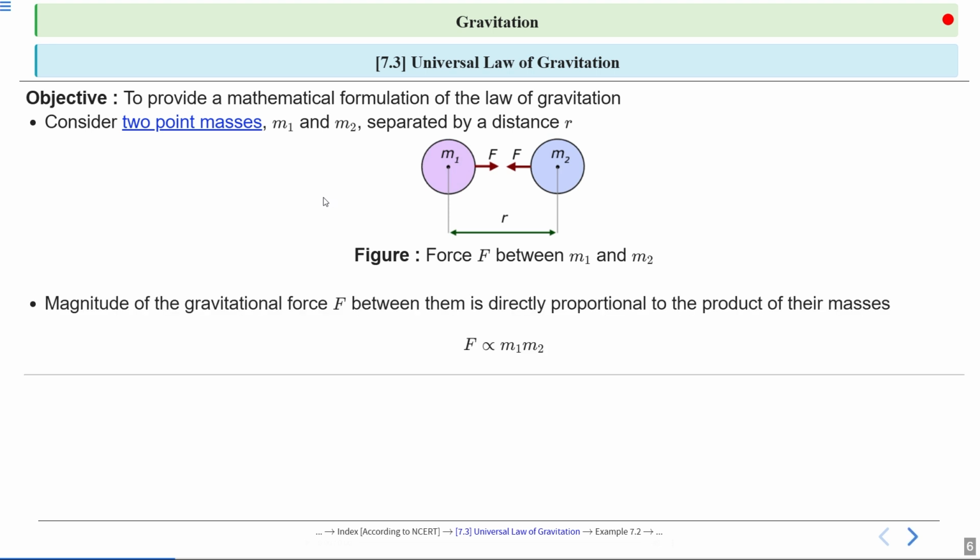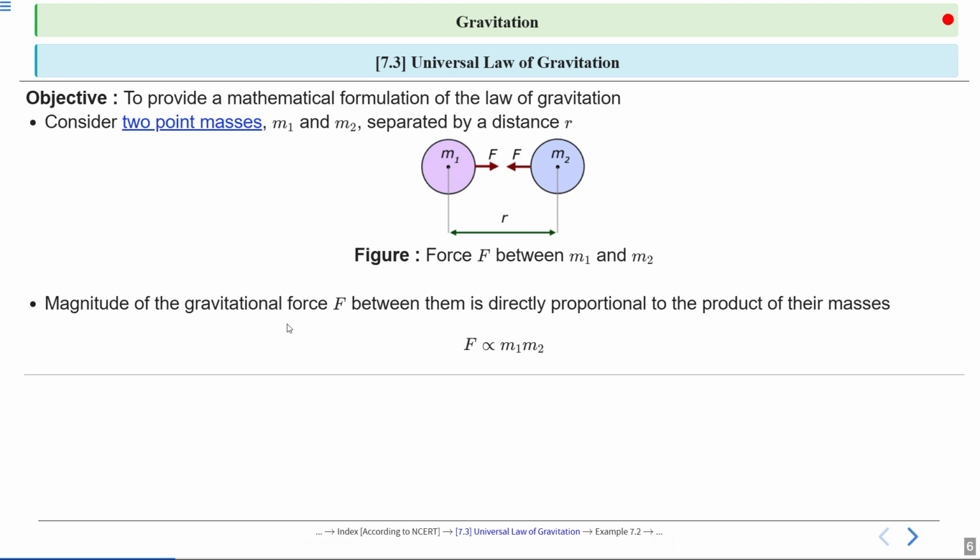Alright. So the magnitude of gravitational force, that is capital F, is directly proportional to the product of masses, that is m1 and m2. This means that as either mass increases, the gravitational force between them also increases.